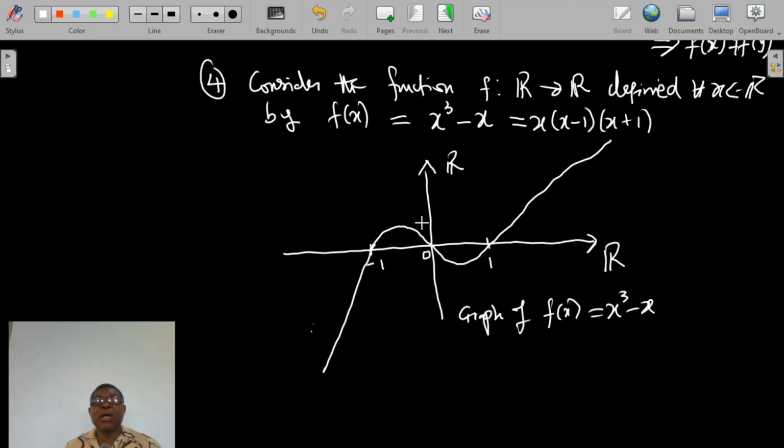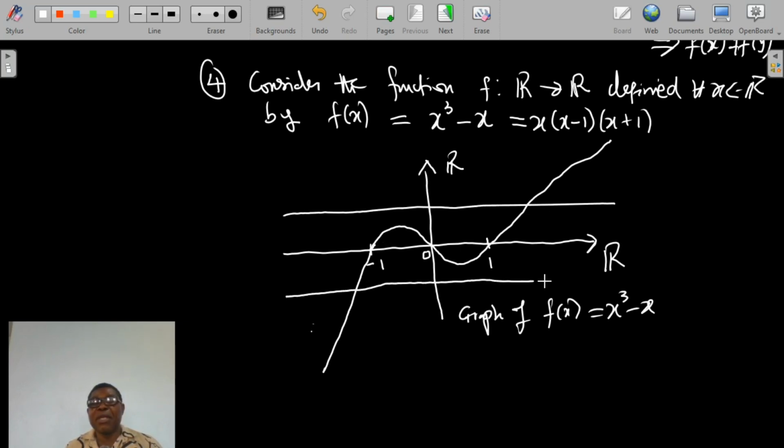One interesting thing about this curve is that the curve cuts every horizontal line at at least one point. By horizontal lines, I mean the lines that are parallel to the horizontal axis.